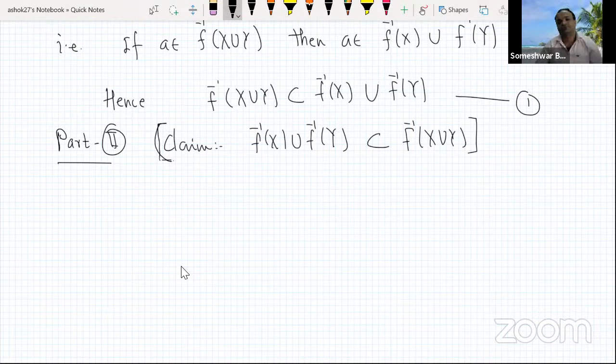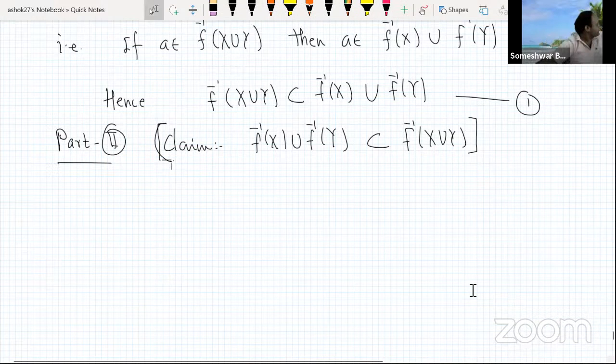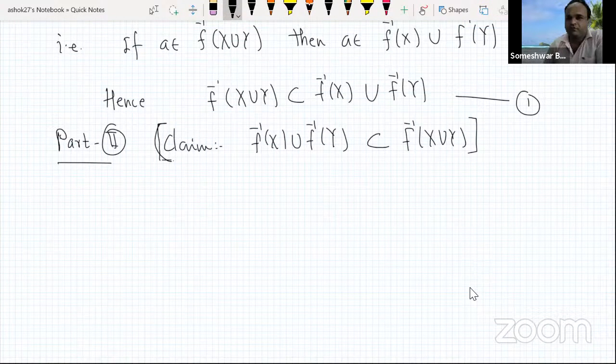Again, in a similar way, to prove this, first let us take one element from f inverse of X union f inverse of Y and put it in f inverse of X union Y.